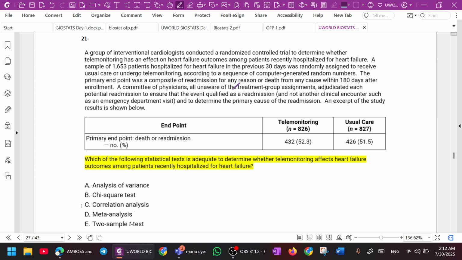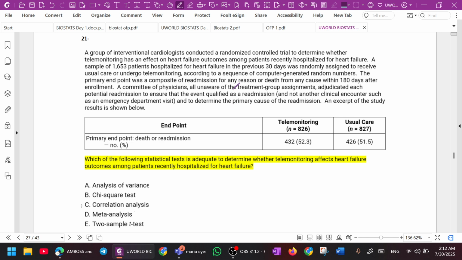Okay, have you found the clue to diagnose this? Hmm, I don't know if there is a clue, but I'm between two answers. What is your answer? Is it correlation analysis?